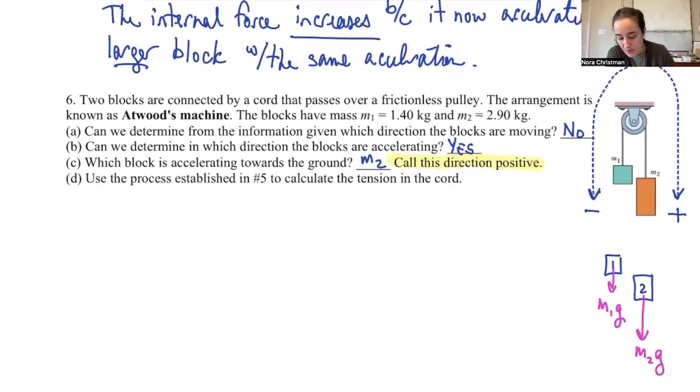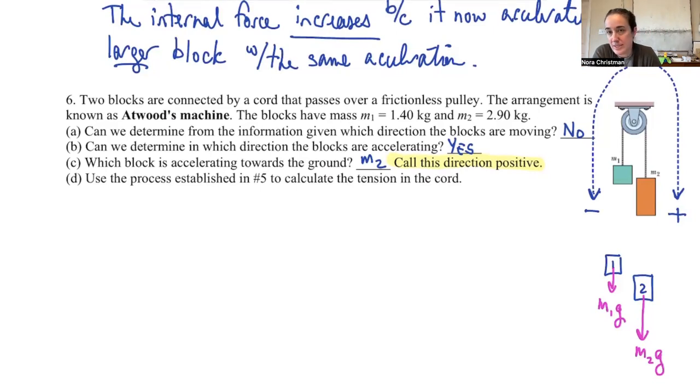And then they also experience a tension force. That's the internal force between them. I want you to think about it. How does the tension compare to the weight of M2? How does the tension compare to the weight of M1?